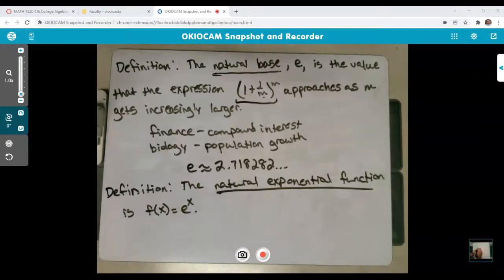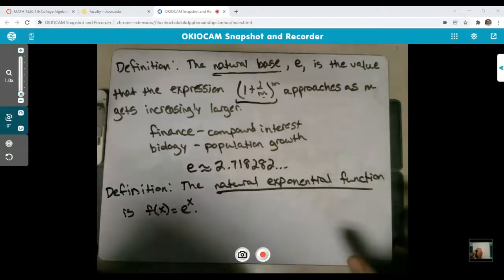So if you ever hear me talk about the natural exponential function, it is e to the x. Okay, so now that we know what an exponential function is, let's talk about what a logarithmic function is. Definition.